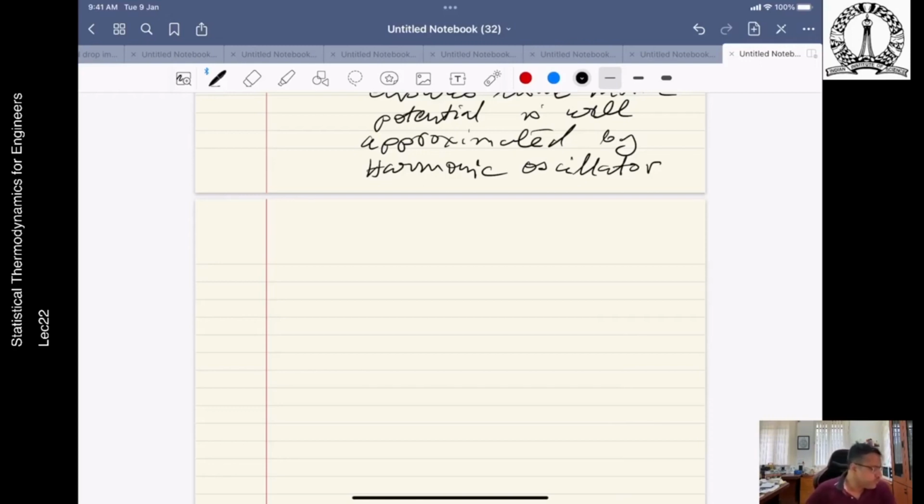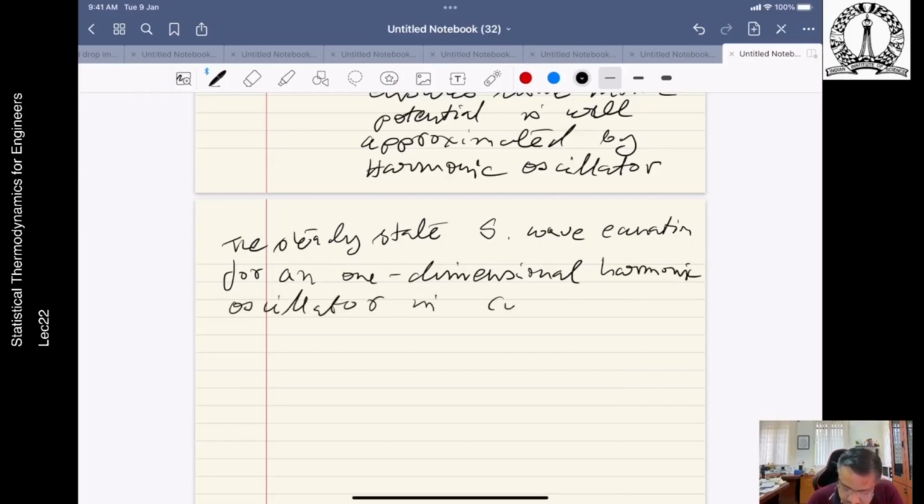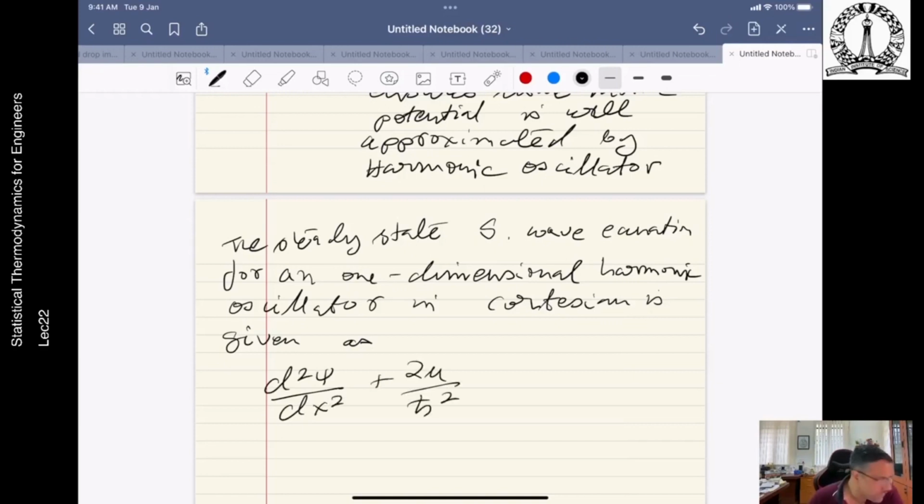Say for a one-dimensional steady state Schrödinger wave equation for a one-dimensional harmonic oscillator in Cartesian coordinates, with 1 degree of freedom, it is given as d squared psi by dx squared plus 2 mu by h bar squared times (E vibrational minus half k naught x squared) psi is equal to 0.